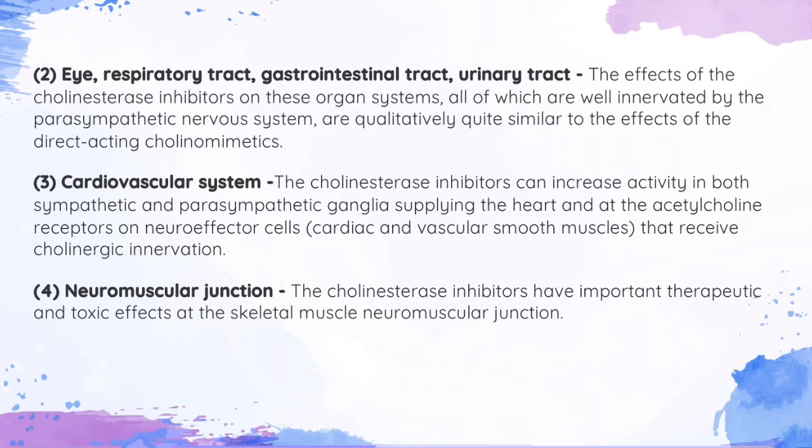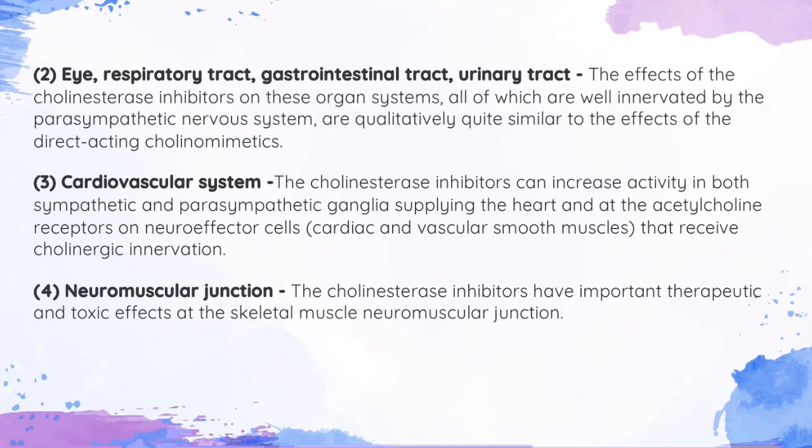In the eye, respiratory tract, gastrointestinal tract, and urinary tract, which are well innervated by the parasympathetic nervous system, the effects of these inhibitors are qualitatively quite similar to the effects of direct-acting cholinomimetics.